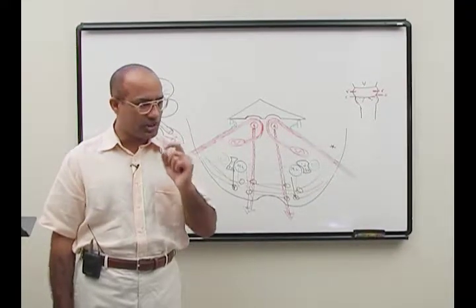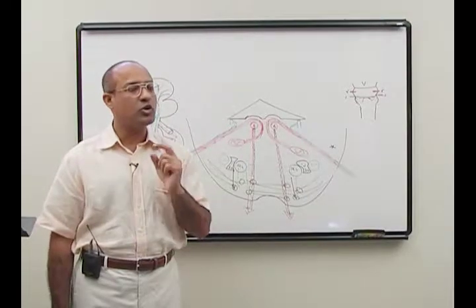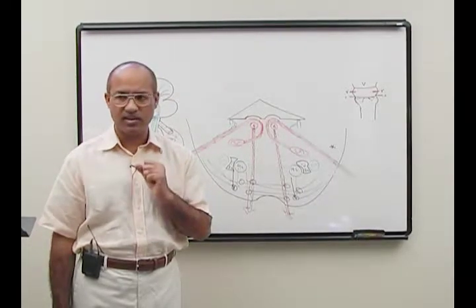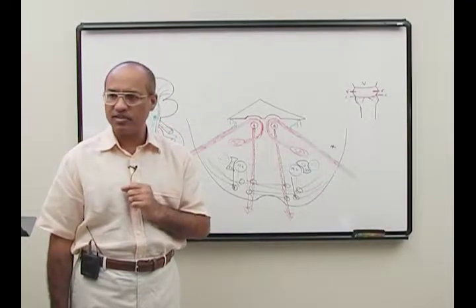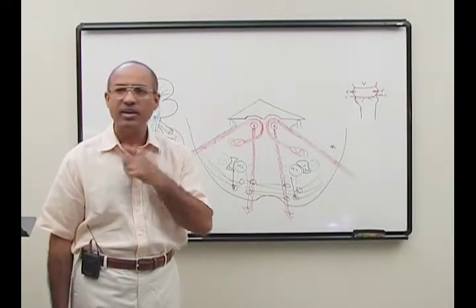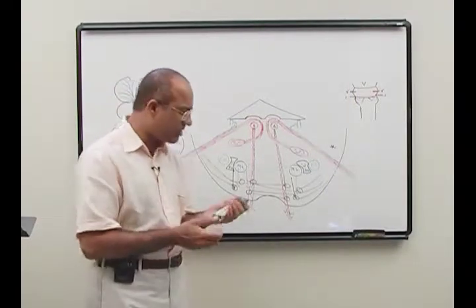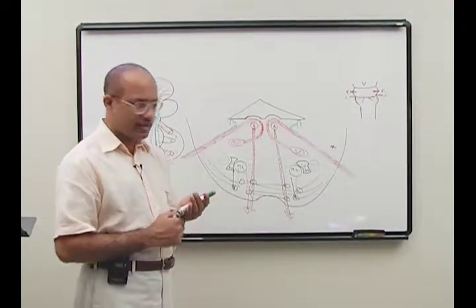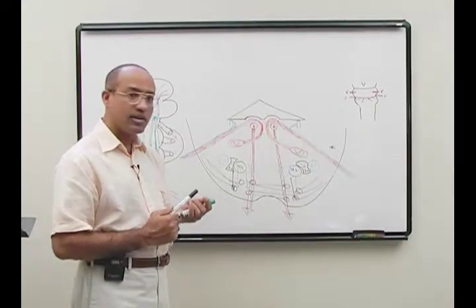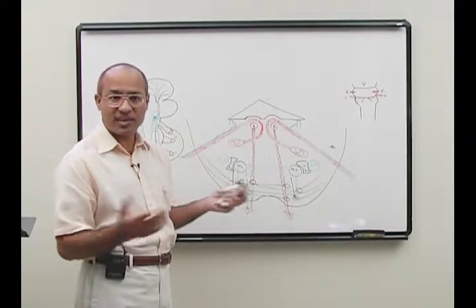Through the facial nerve, parasympathetic fibers go through the submandibular ganglion to the sublingual salivary gland and submandibular salivary gland. So it means that the facial nerve should be connected with, yes, parasympathetic supply in the brain stem.